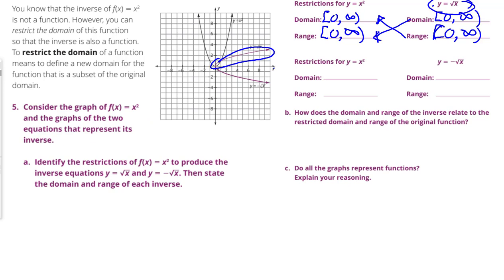But let's take the negative square root of x. So our domain, again, is from 0 to positive infinity. But our range goes from negative infinity, because it's all the lower stuff. So it goes all the way up, and it stops at 0.